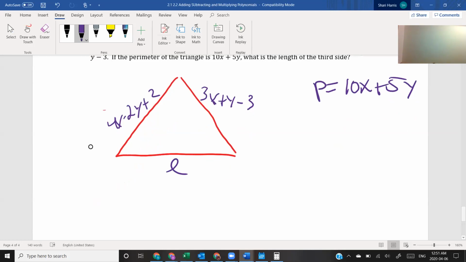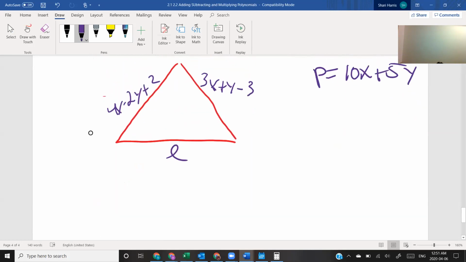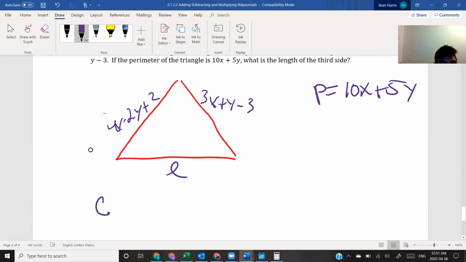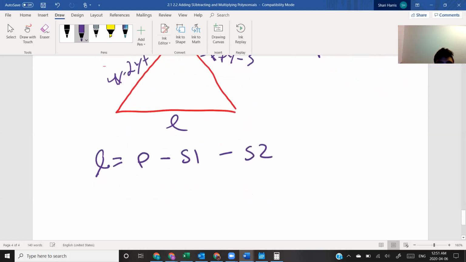So this is a fun question because we're adding and subtracting polynomials. So the length equals perimeter minus side 1 minus side 2, right?